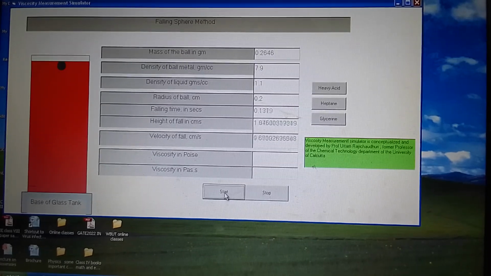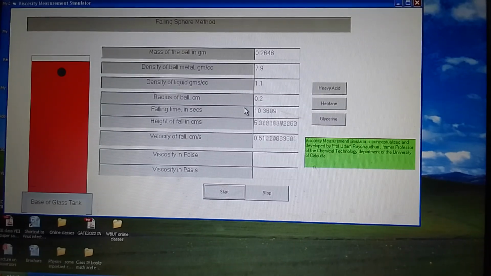At the start you will find that the ball is falling at a very low speed, and you can see the falling time, the height of fall and the velocity. Finally, when it reaches the bottom of the tank, it shows the viscosity in poise as well as in Pascal second.